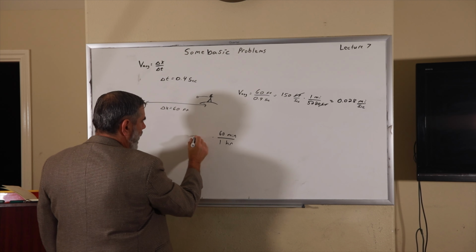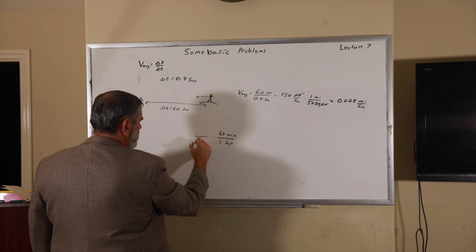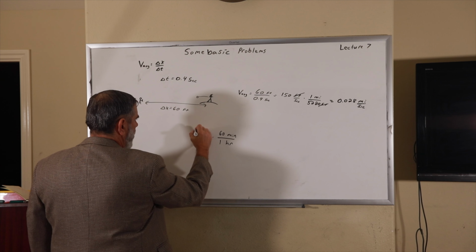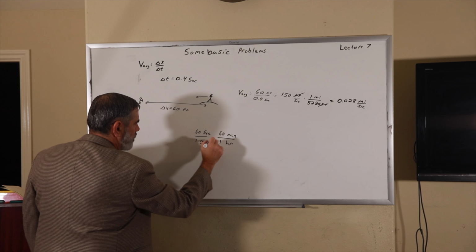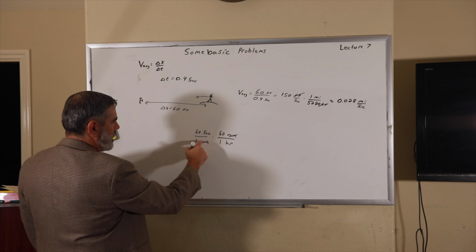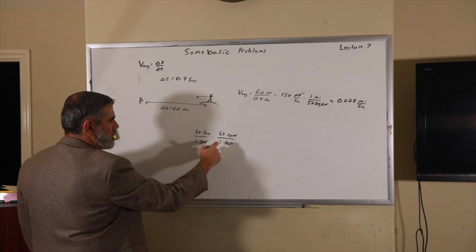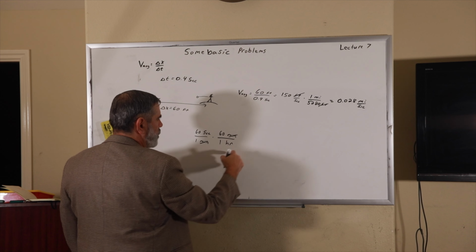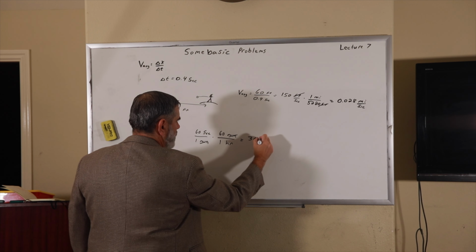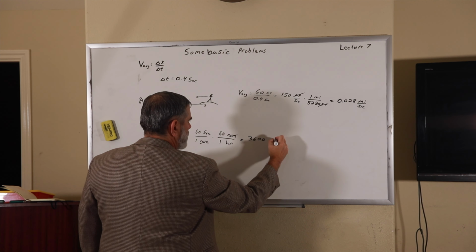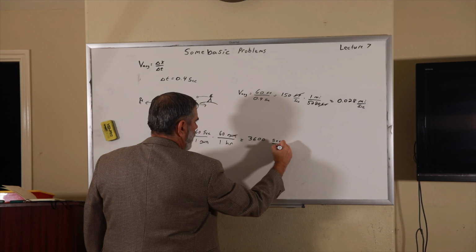I'm going to multiply that times 1 minute in the denominator and 60 seconds in the numerator. You can see that will cancel, and I'll get a conversion that takes me from seconds in the denominator to hours in the denominator. So this is 60 times 60, that's 3,600, and that's seconds per hour.